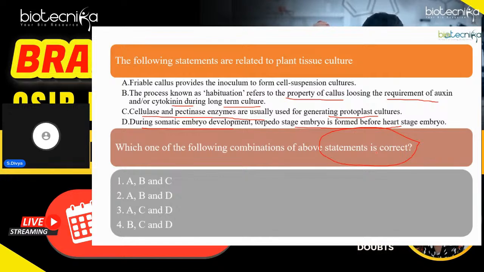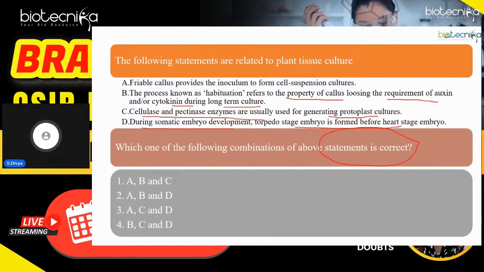Like you have got the plant hormones, auxin, cytokinin, then protoplast, embryogenic development, which you might have studied under Unit 5, plant developmental biology. So basically, this becomes a combination of the units which you have already studied.